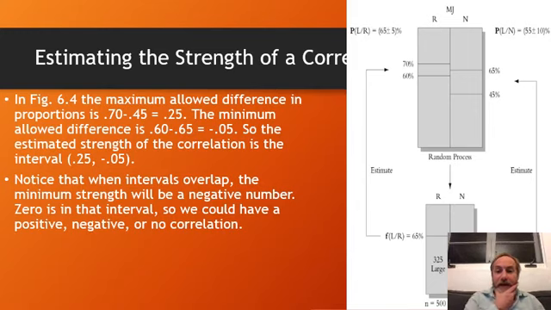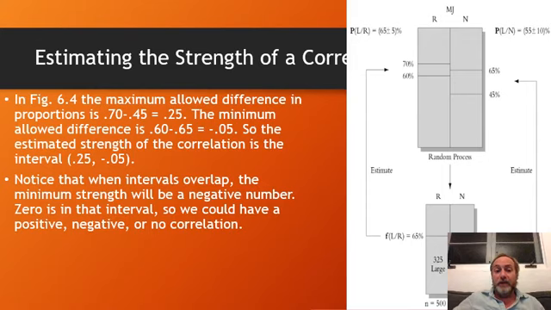Now let's compare that to our example where we had no evidence of a correlation because we had overlap. There, the biggest possible difference between the reds and the non-reds is 70% minus 45%, 0.25. The smallest is 0.60 minus 0.65, which is actually a negative number, negative 0.05. You can have negatives here.